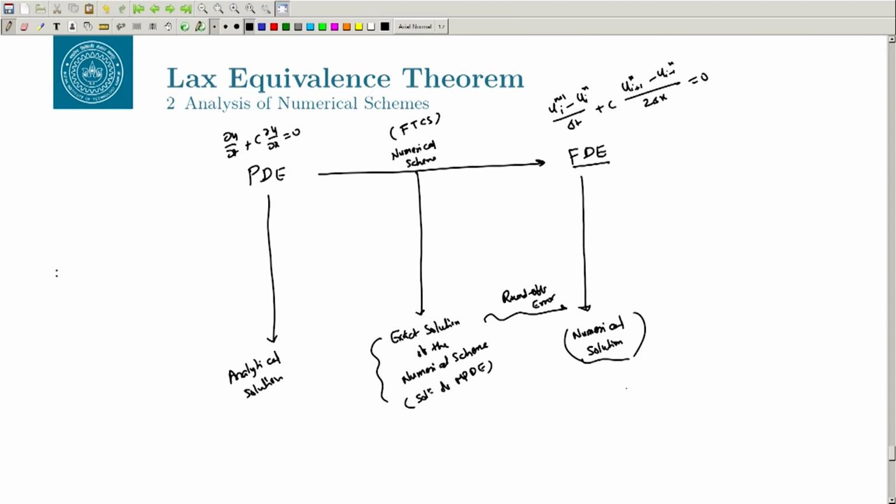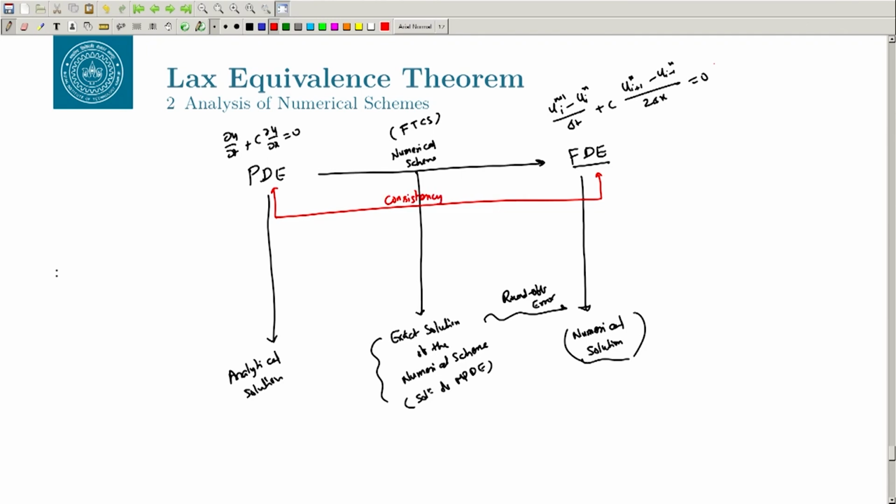So, if you consider all these things, then the solution that you are getting is your numerical solution. Now, the consistency, as we have discussed, is basically between your PDE and FDE. These two together give you the consistency.